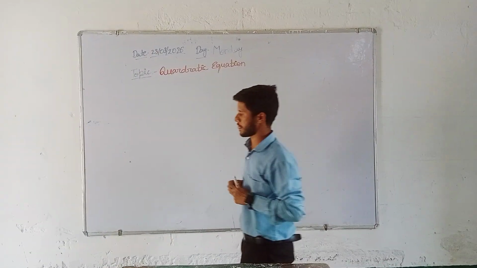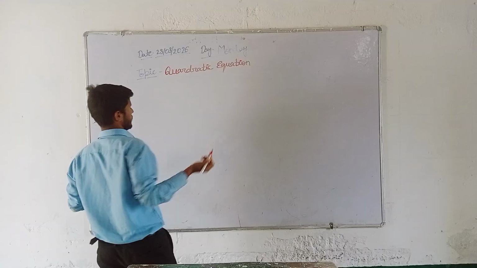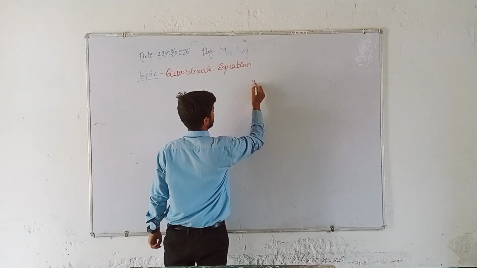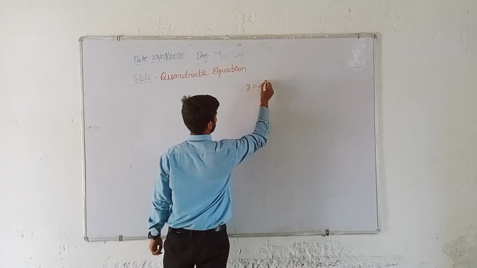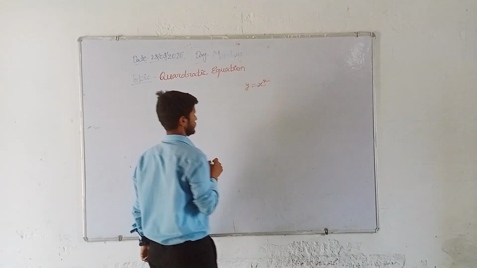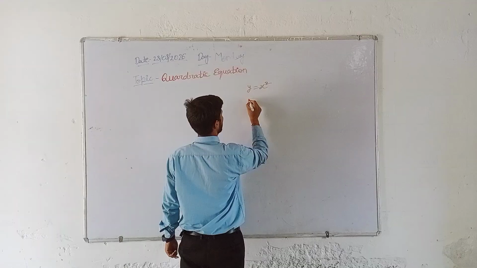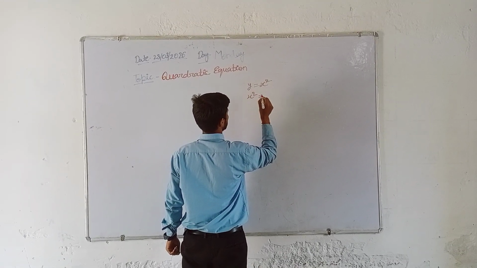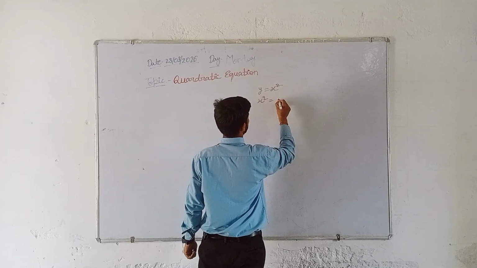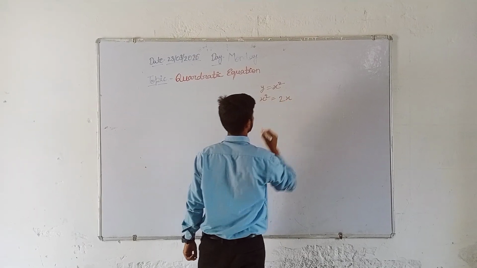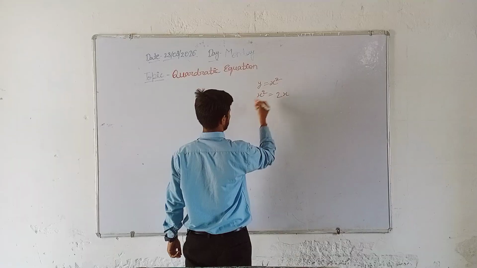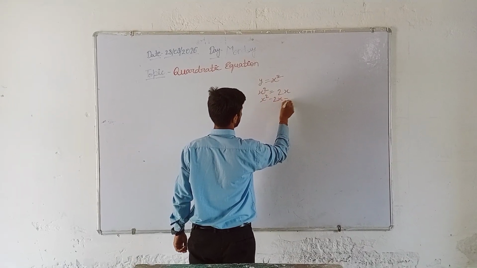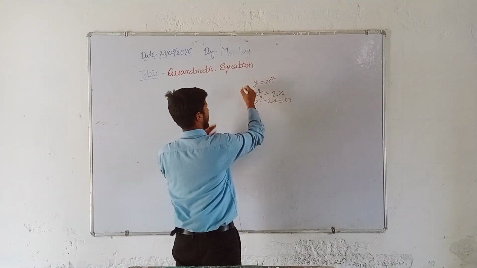For example, we take y is equal to x square. x square is equal to 2x, or it can be written as x square minus 2x is equal to 0.